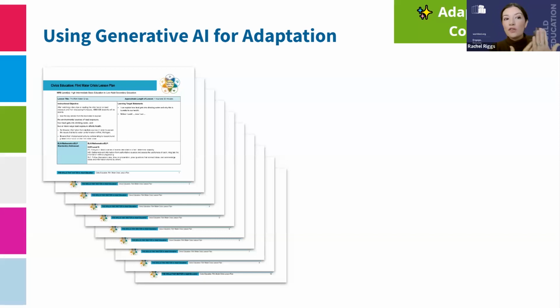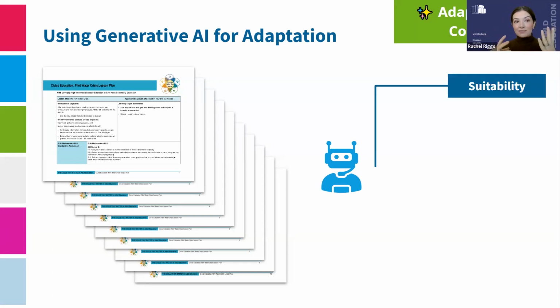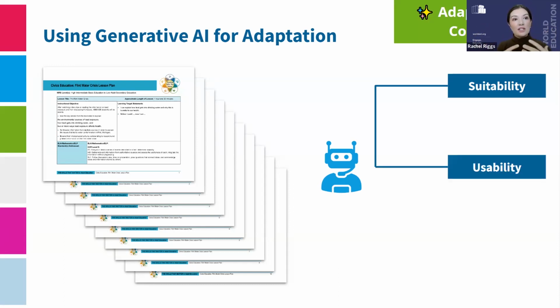So if we look at the 12-page PDF lesson plan as an artifact that is so high quality and excellent, but not giving us what we want in terms of reusability, the ideal would be that artificial intelligence could take this lesson plan, hi robot, and it could adapt it, giving us changes that address the suitability, so the level or the context, changes that address the usability, so actual readiness to deliver this to learners in a variety of modalities, asynchronous, synchronous, on different devices, and so on and so forth.